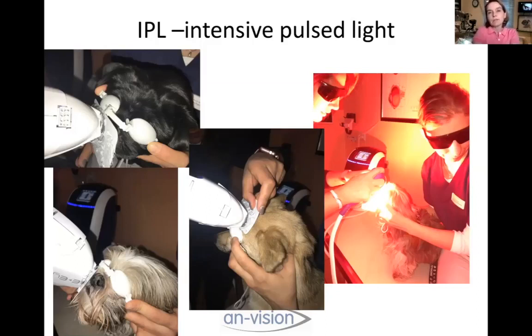What we typically do is we run the sequence, the whole thing: interferometry, meibography, tear breakup time, meniscal height, blink, and then at the end we do the Schirmer. And we are used to evaluating Schirmer tear tests, and that gives you the aqueous layer quantification.